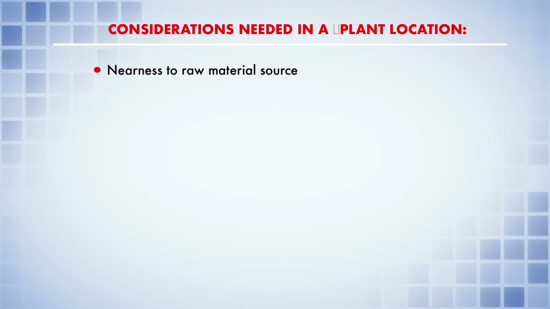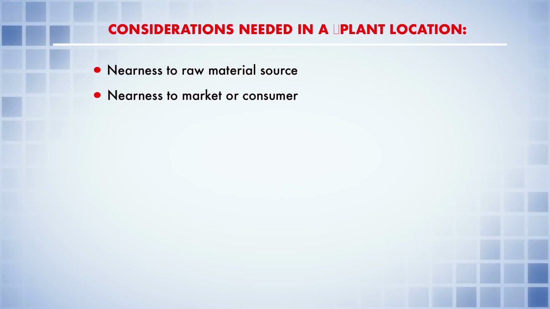Now, these are a few considerations needed for the plant location. First one is nearness to the material sources or raw material resources, then nearness to the market or the consumer. Remember, an electronic goods manufacturer always tries to keep its location near the market or the consumer.